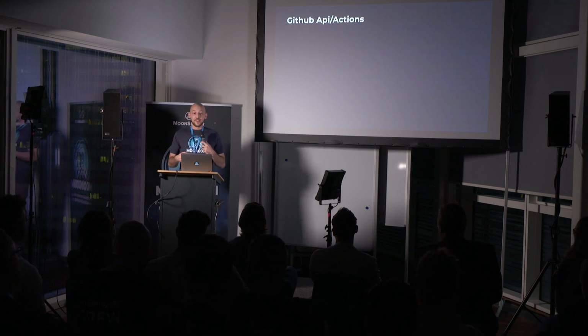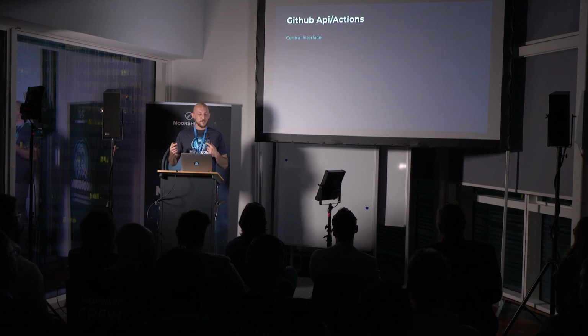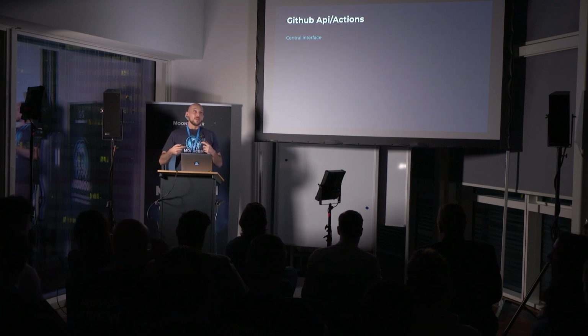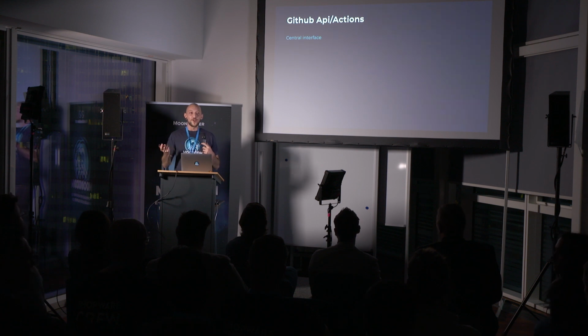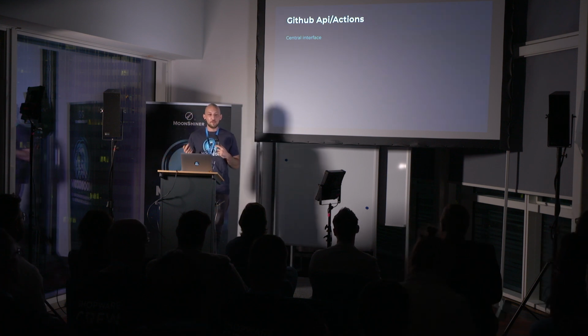Let's talk about the GitHub Actions and API a bit more and what kind of role they have. So the API, as you may have recognized, is some kind of central interface. You need some server they run on, you need hosting of your code, you need runners, and all that is connected over the API.